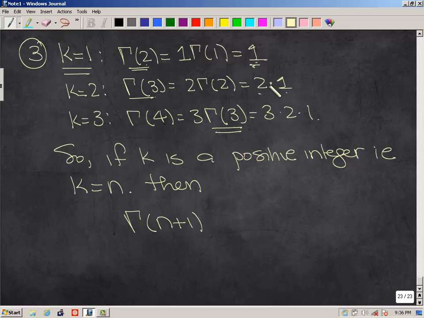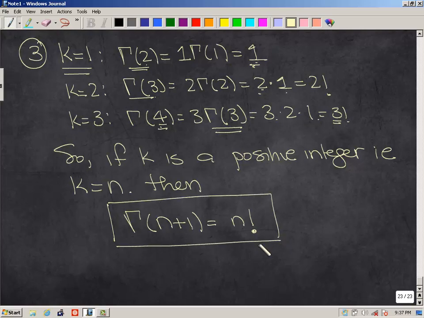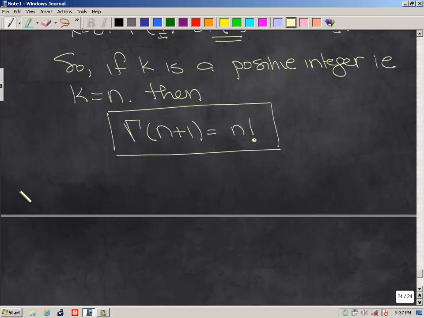Gamma of 3 gave us 2 times 1, so this is like 2 factorial. Gamma of 4, we got 3 times 2 times 1, that's 3 factorial. So whatever this number is, we get 1 less factorial. So if you start with n plus 1, you'll end up with n factorial. So here's a nice property of the gamma function: it acts like a factorial. That's why it's called a generalized factorial function.